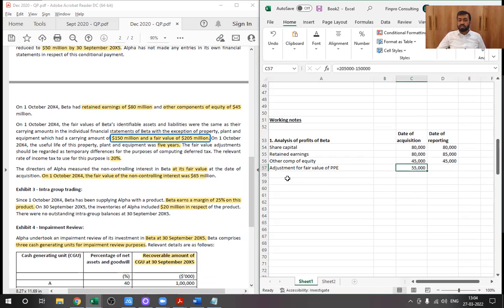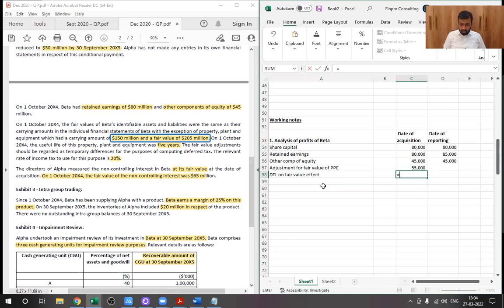So I have adjusted this, but immediately I'll have to consider the deferred tax impact on this. This will create deferred tax liability. Am I right? So, deferred tax liability on the fair value effect. What is the deferred tax percentage? 20%.